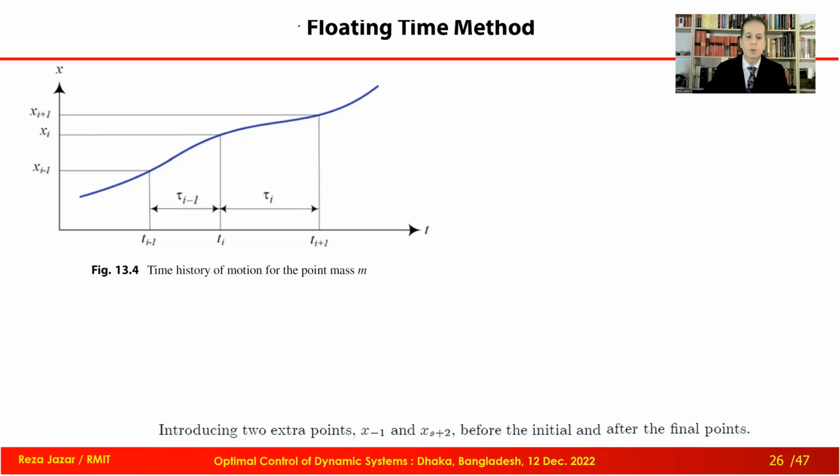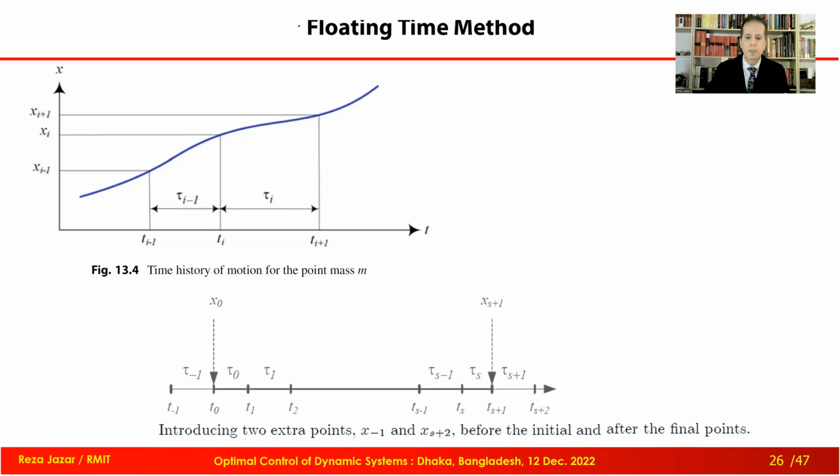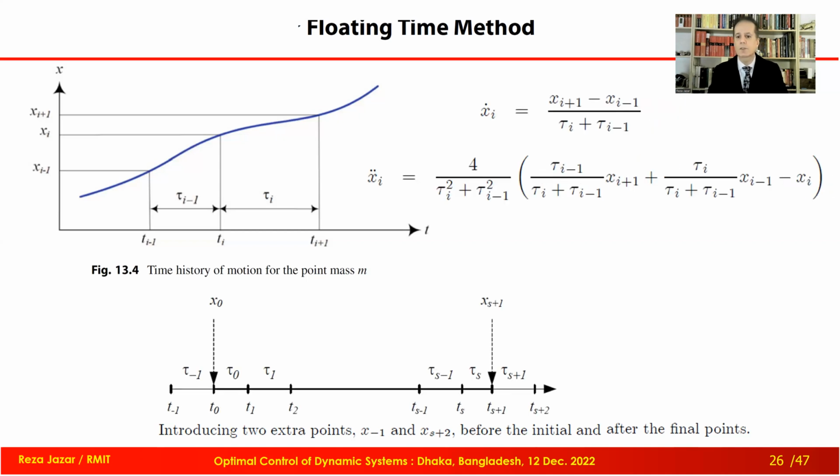So I'm introducing or reintroducing the equation for central difference, which is velocity. On the right-hand side top, you see the numerical value of velocity at point i, which is x_i plus 1 minus x_i minus 1. These are the values of position divided by total time difference.